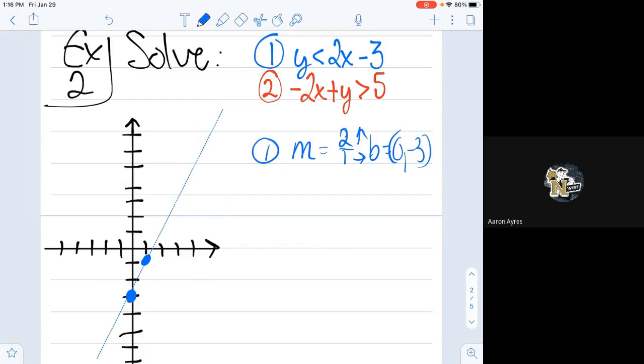Now, test (0, 0). Is 0 less than -3? True or false? That is false. (0, 0) is here, and (0, 0) was not a solution. So you shade the other side of the line, where (0, 0) is not a part of things. So we're going to shade the right side.